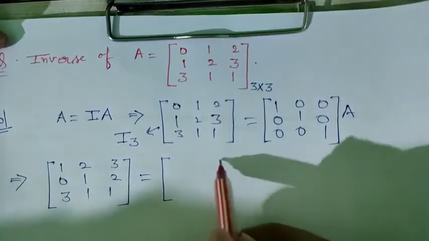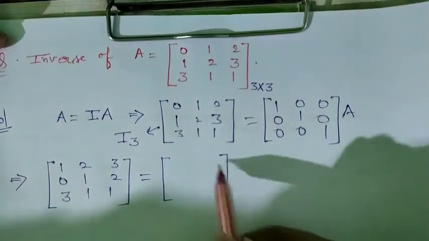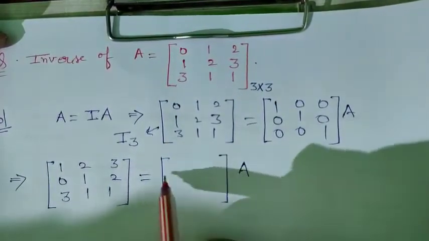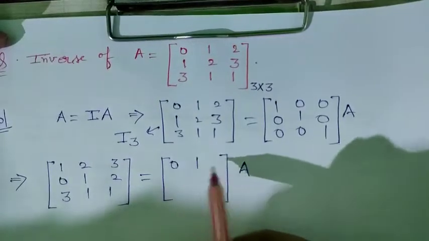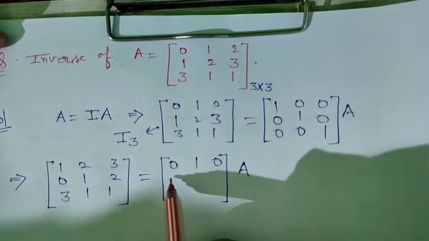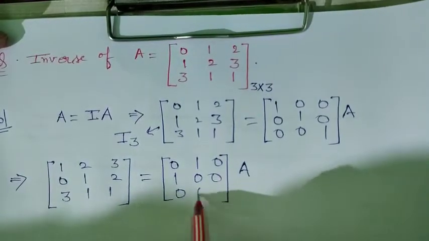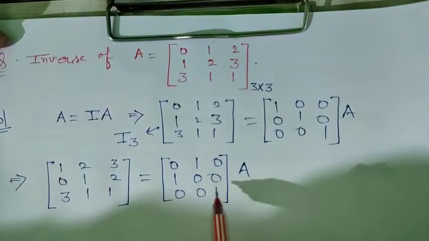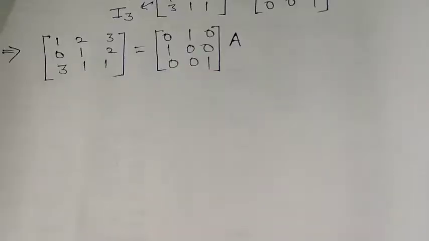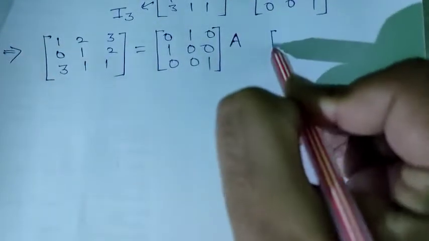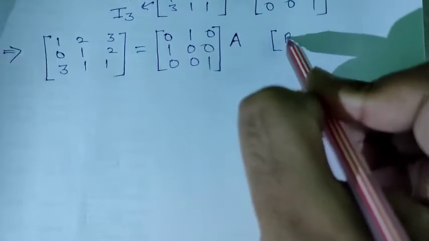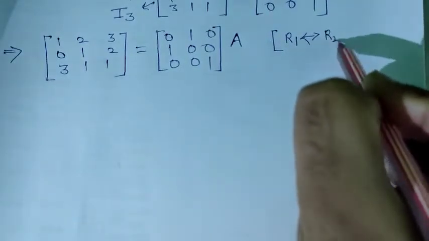The same changes we will do in this identity matrix also: 0, 1, 0, 1, 0, 0 and 0, 0, 1. R3 will remain as it is. Which property we are using, we have to write here: R1 interchange with R2.